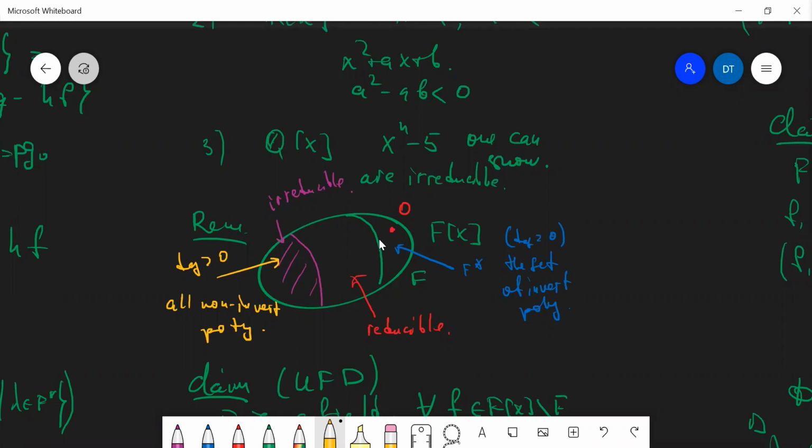If you take a different ring, which is not a field, it may happen that a polynomial with positive degree is invertible. But if your coefficients belong to a field, then only non-zero constant polynomials are invertible.